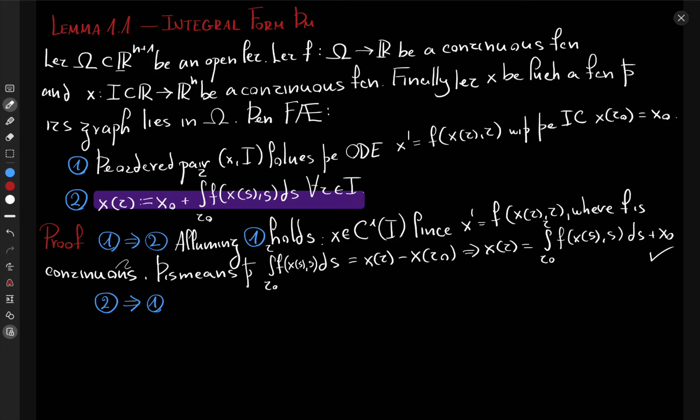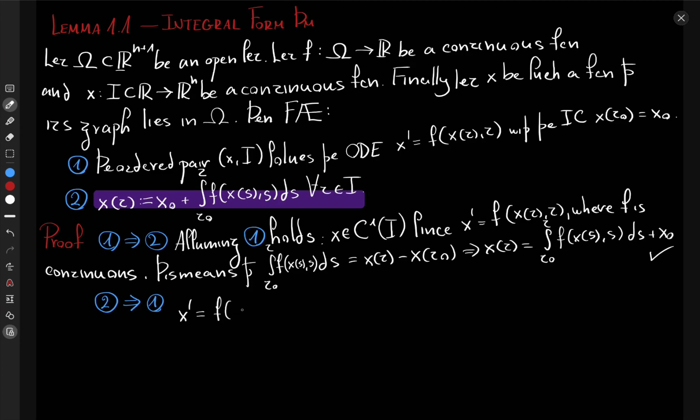So, differentiating the highlighted expression, we get that x prime is equal, the derivative of constant is 0, plus, and now we get simply that f of x of t.